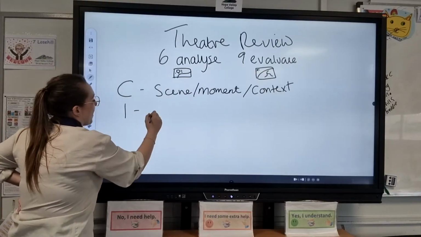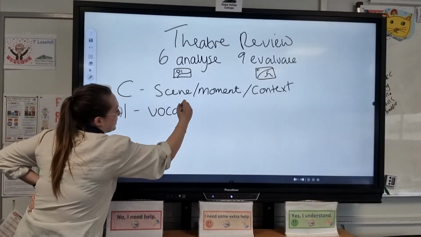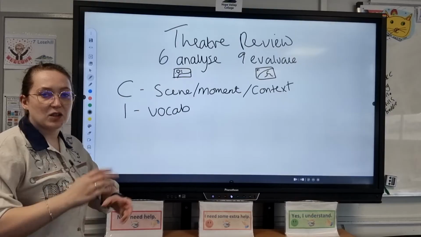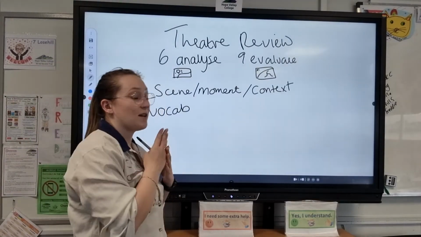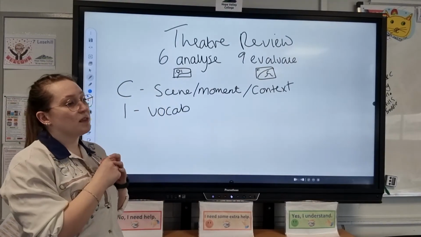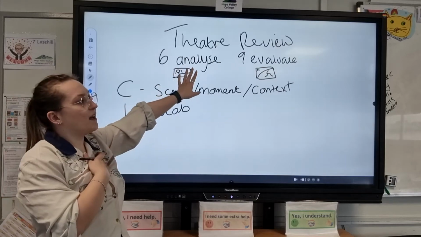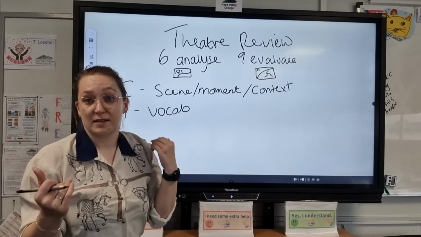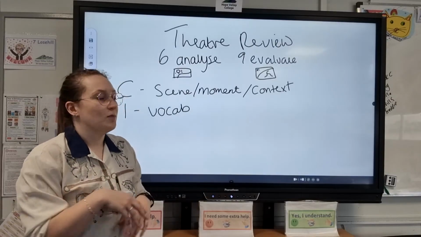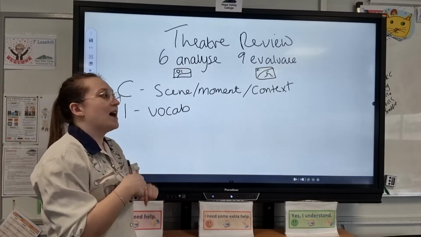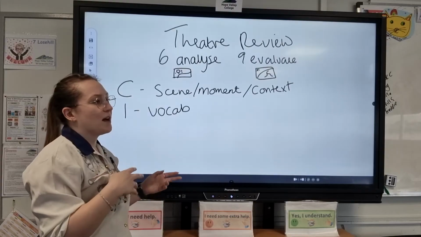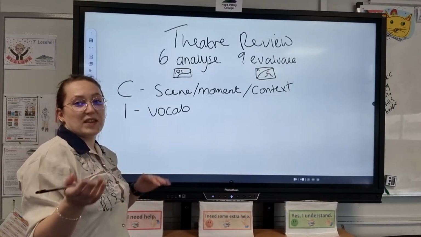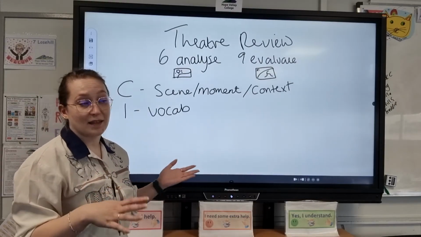So as always with Identify, we are getting our vocabulary in there. So we are trying to pinpoint a keyword that relates to the question. So something like if we're analysing sound and music, we might talk about the speakers and their positioning within the room. If we are analysing stage space, we might talk about the area of the stage in which a monologue took place, that kind of thing.